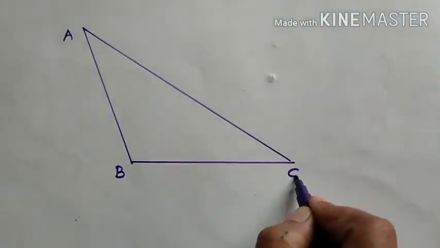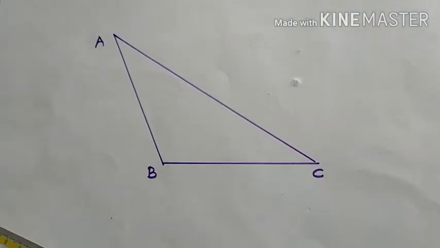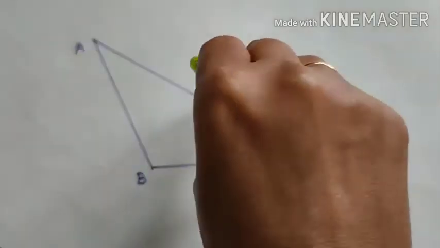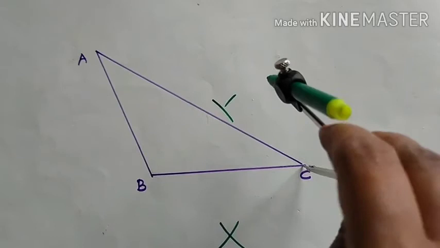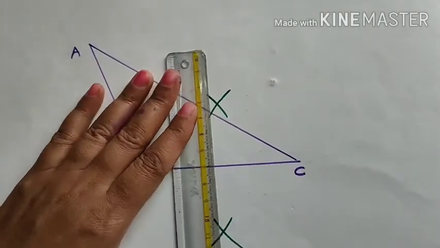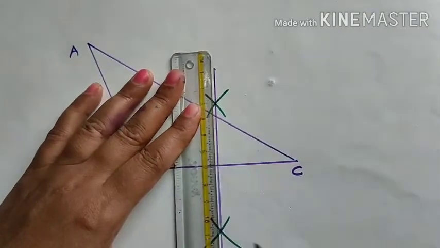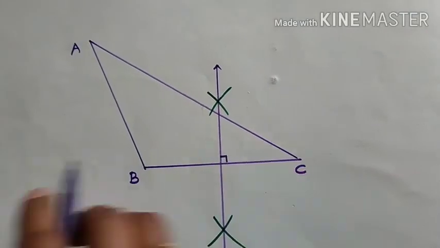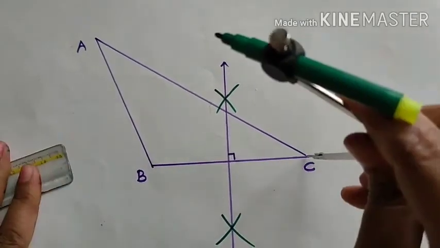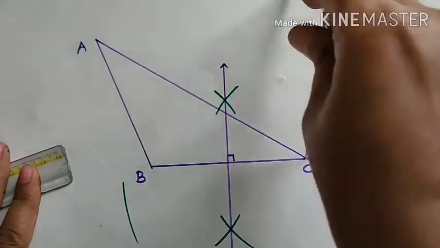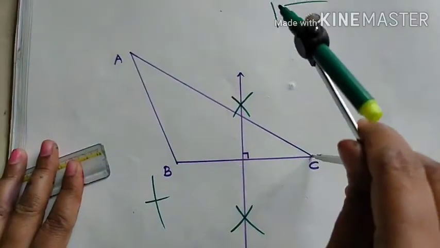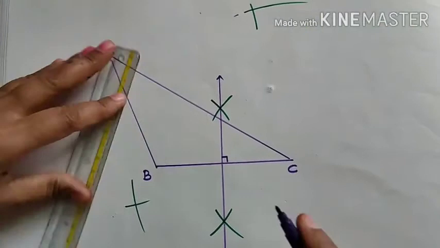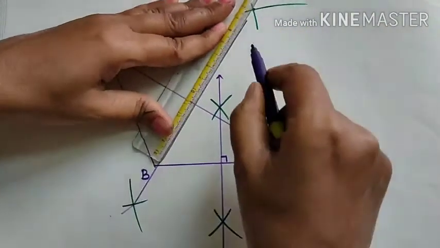perpendicular bisectors for obtuse angled triangle. We will find the place of point of concurrence of perpendicular bisectors in obtuse angle triangle. In acute angle triangle, it was inside the triangle, in the interior of triangle.